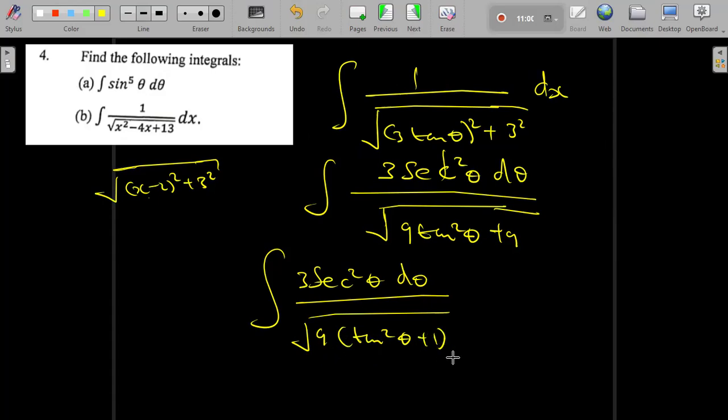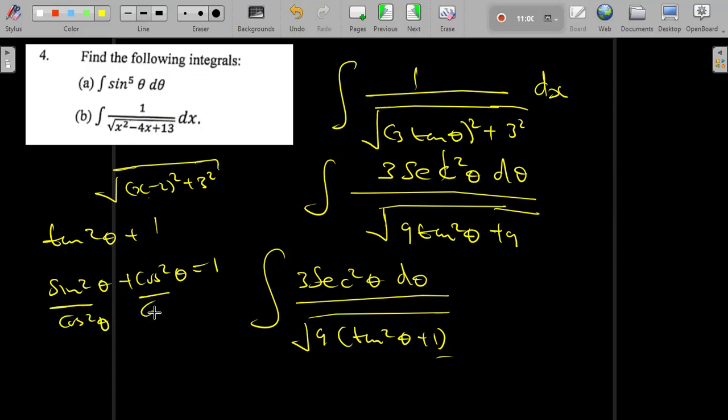Okay, so what does this give me? Now remember, this tan squared theta plus 1 is just an identity. If I say I have sine squared theta plus cos squared theta is equal to 1, and I divide by cos squared theta throughout, what do I remain with? The first part becomes tan squared theta.